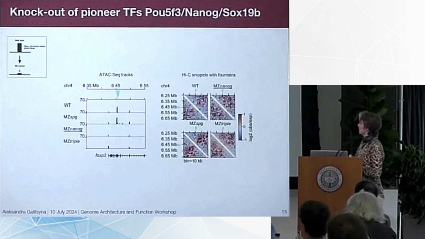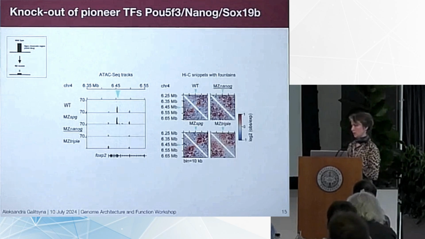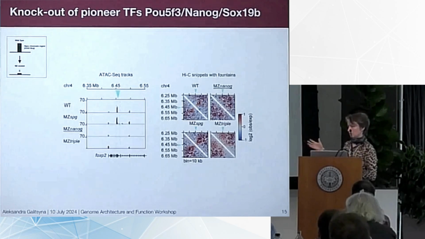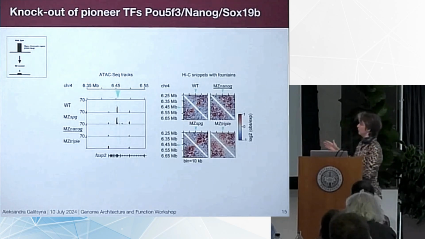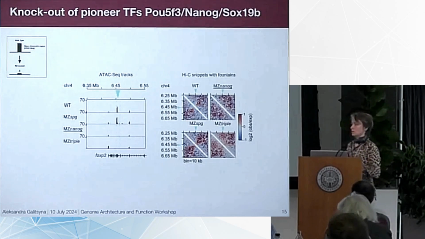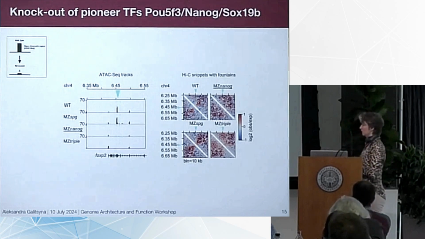So, indeed, we further tried to confirm that there is a strong association of fountains with enhancers. In the process of zygotic genome activation, the first factors to open the chromatin are the pioneering transcription factors Pou5f3, Nanog, and Sox. And we can deplete all of them. We can create a very complicated experimental system where the embryos start to develop without these 3 pioneering transcription factors.